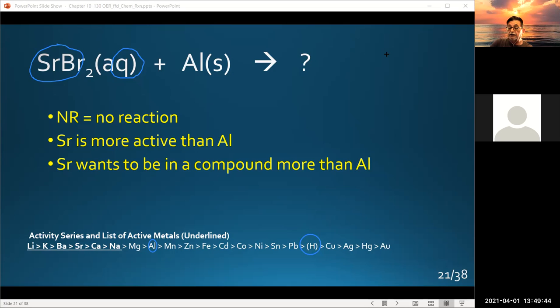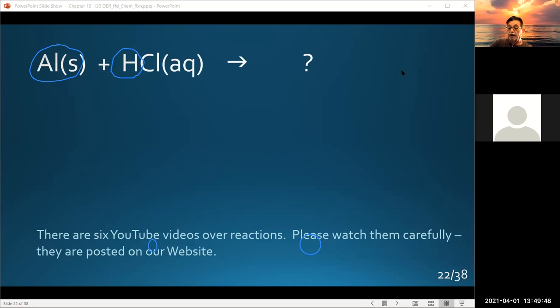So the question then asks, is aluminum in ionic form? And the answer is no, it's not in ionic form. And so that means that this reaction will proceed. And the hydrogen, which is the proton form, is converted back to the elemental form, hydrogen gas.